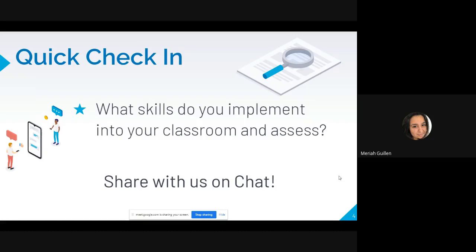Does anybody have any other skills that they really try to implement within their classroom? I would like to share. I like to teach a way of self-awareness, like telling students, do you understand? Can you communicate if you understand or not? Do you feel comfortable being in the class? Things like being aware of the environment and their skills.